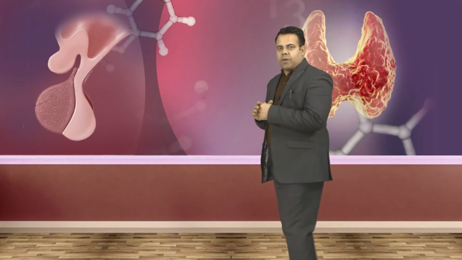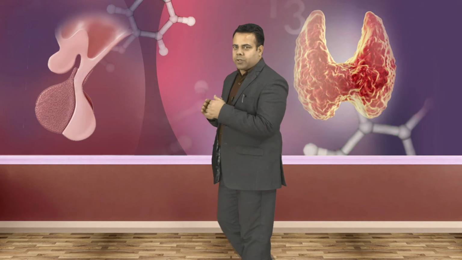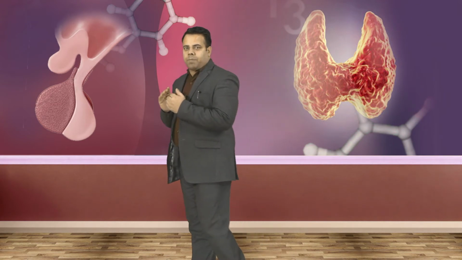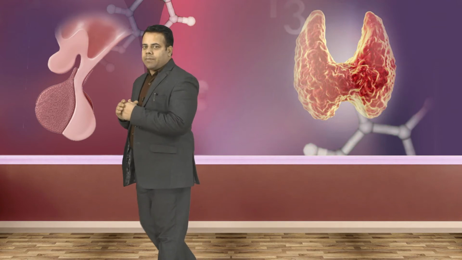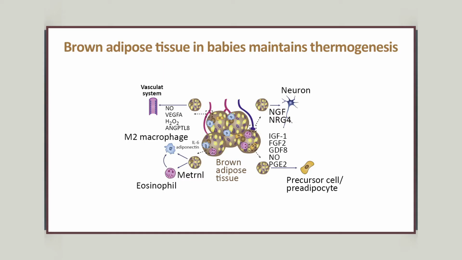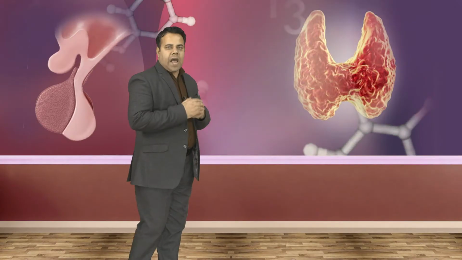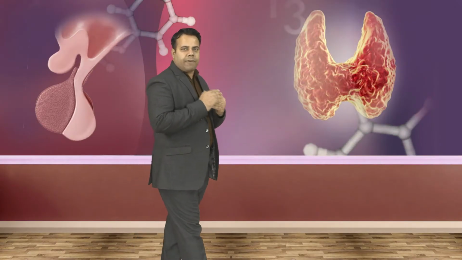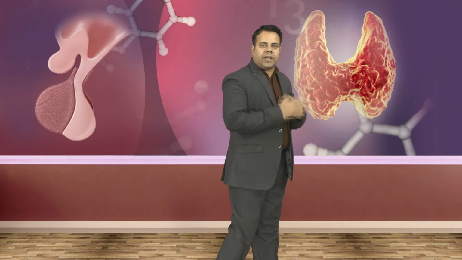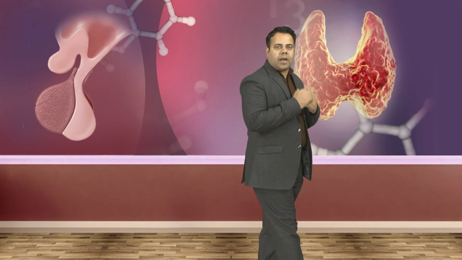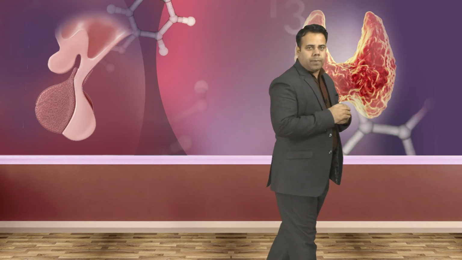A key tissue involved in this adaptive thermogenesis in babies is brown adipose tissue, that is BAT, and the mechanism involved in its regulation is the sympathetic nervous system in the presence of T3. At least part of the effect of T3 on BAT is due to an increased expression of mitochondrial uncoupling protein.